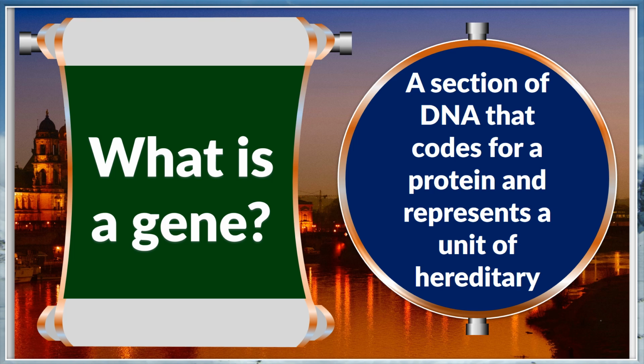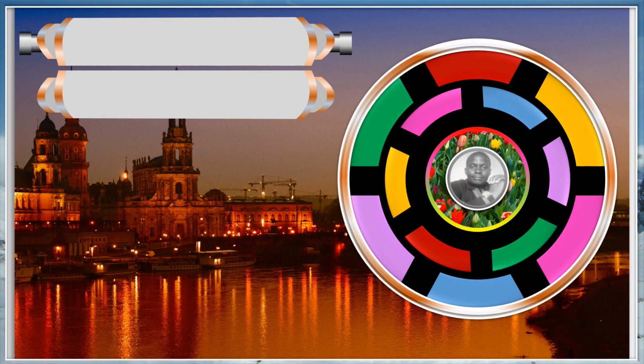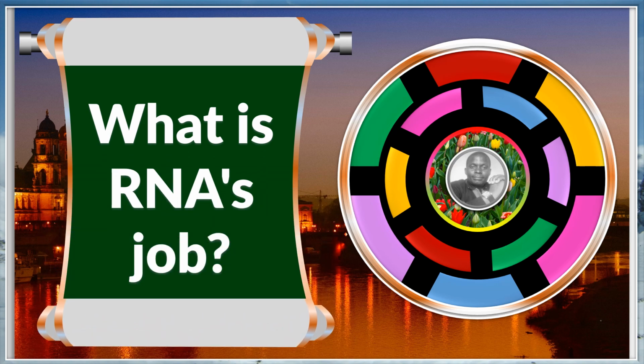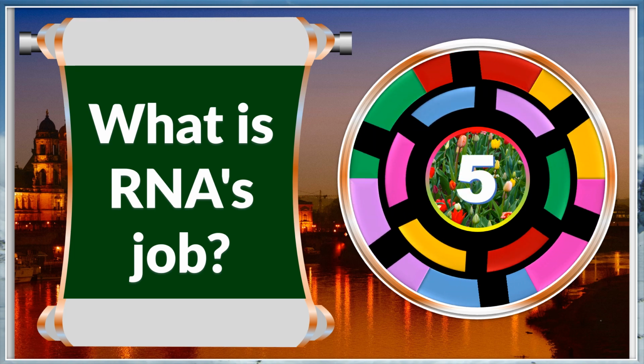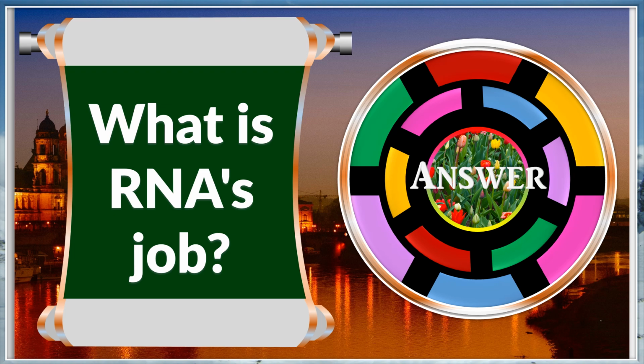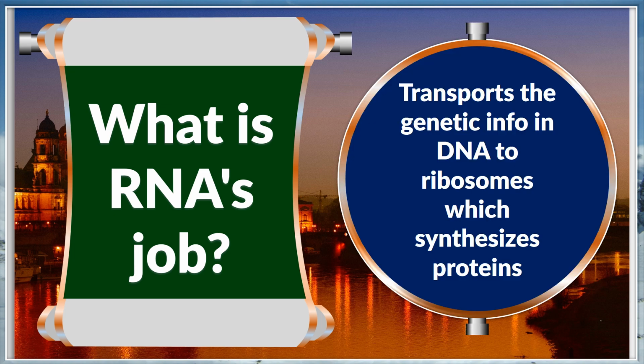A section of DNA that codes for a protein and represents a unit of heredity. What is RNA's job? Transports the genetic information in DNA to ribosomes, which synthesize proteins.